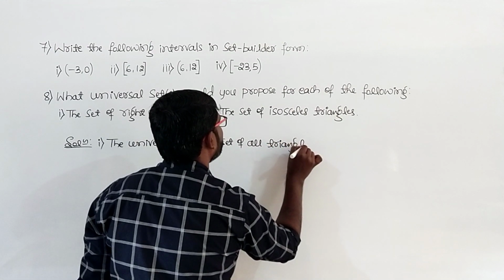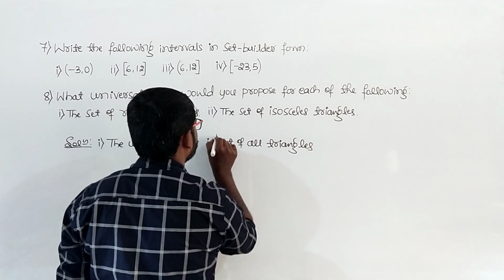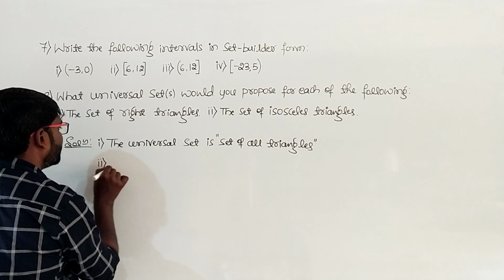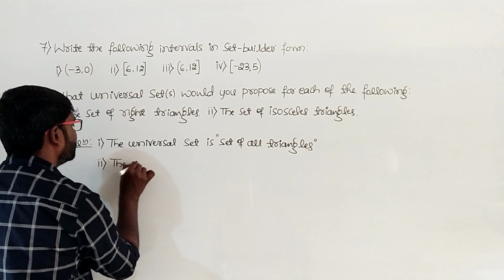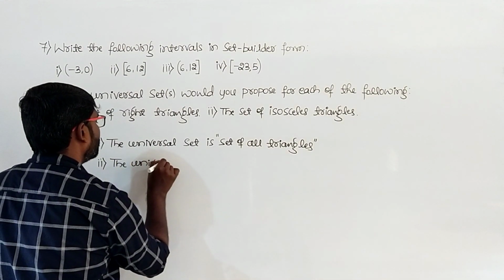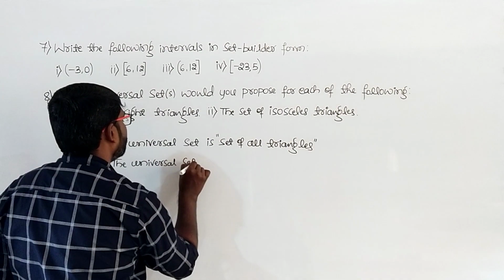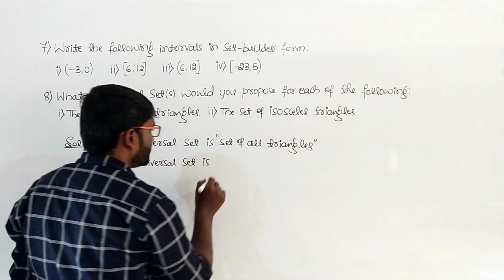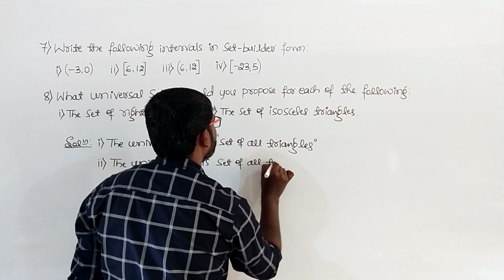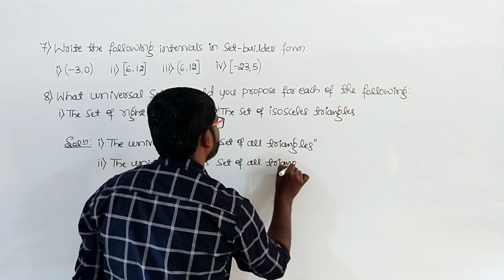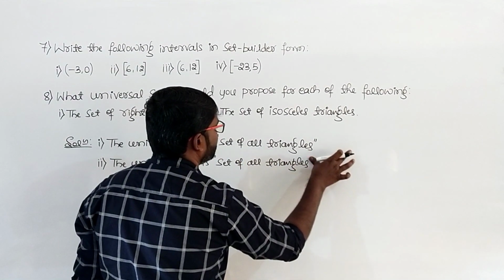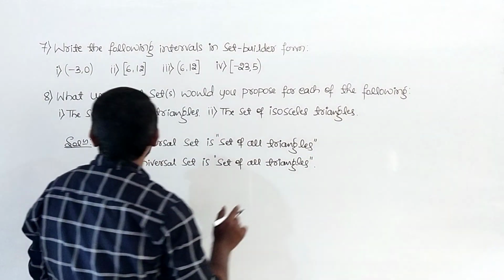Similarly, for Roman number 2, the universal set is also the set of all triangles. So this is regarding the 8th question.